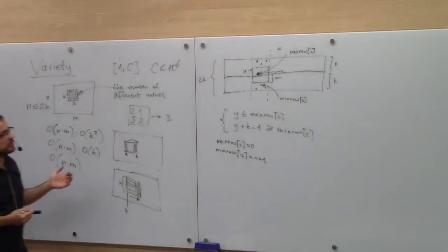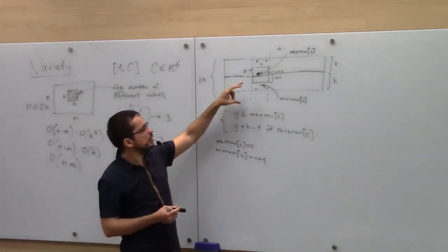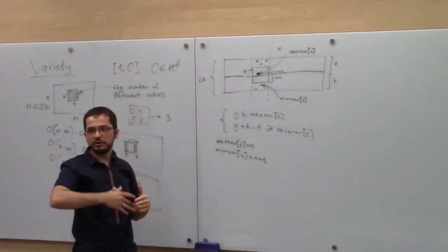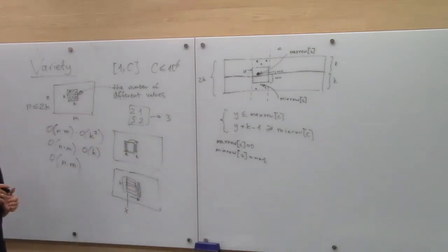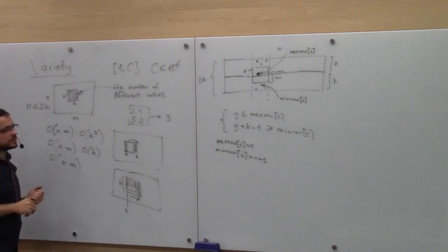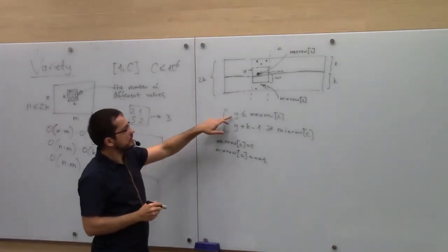But this is interesting because it allows us to look at all possible positions of the squares, and the positions which contain C are pretty structured: we have only two segments of interesting positions.